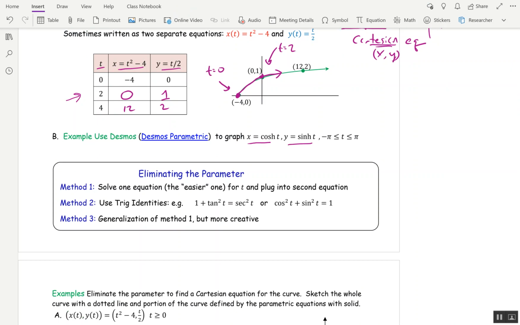Doesn't matter which one you choose, I usually choose the easier equation. If you have trig functions, then use one of these identities. They're the Pythagorean identities. And method 3 is like method 1, but a little bit more creative. And I'll do an example of each one. I know method 3 sounds a little bit vague.